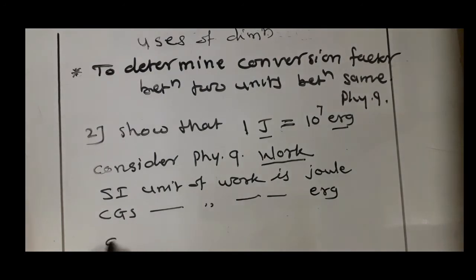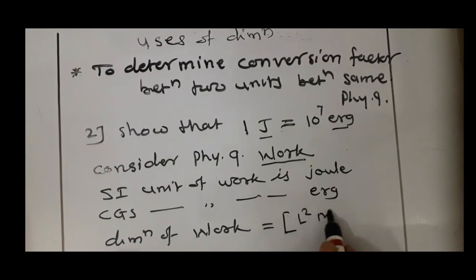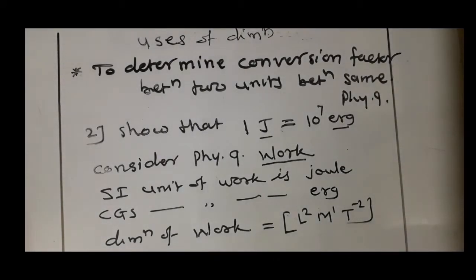Then we write the dimension of that physical quantity, the dimension of work. And you know that well. What is the dimension of work? It is L², M¹ and T⁻². Okay, this is the dimension of work. How can it be found? Work is the product of force and displacement.